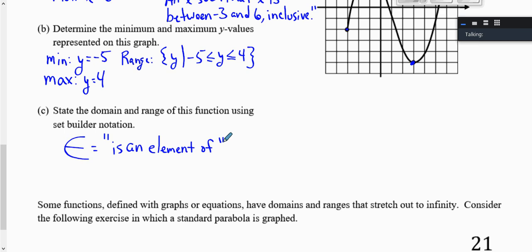Usually it's going to be followed by some set of numbers like the real number set or integers or whole numbers or something like that. And there's a particular symbol for the set of real numbers. It's this double-lined R thing. That's the symbol for the set of real numbers.